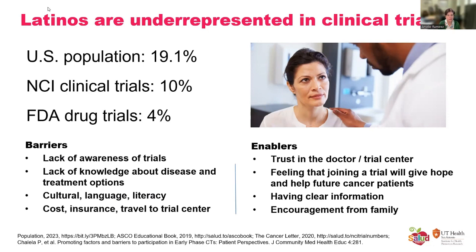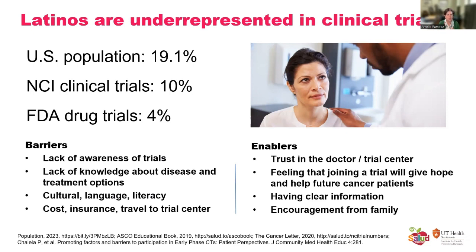But some of the good things that occur are that if they have a good rapport with their doctor, and if they are knowledgeable of the trial center, that is really important. Having that trust, especially now coming out of COVID, within the community you're trying to recruit from is extremely important.